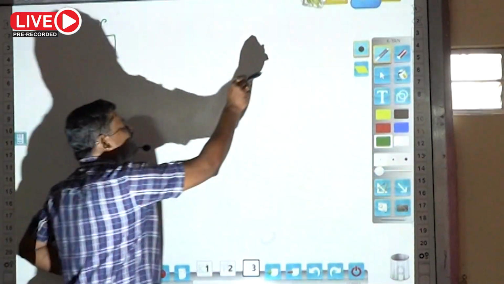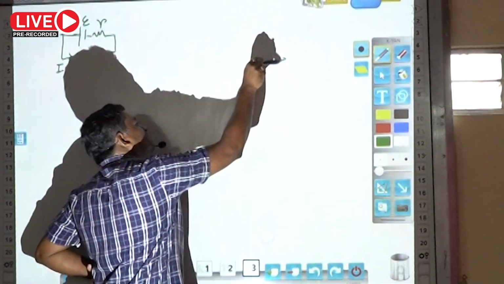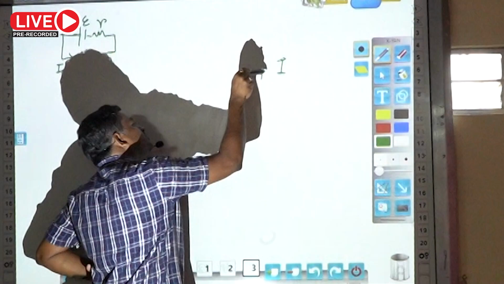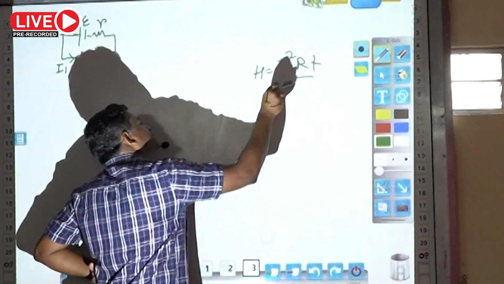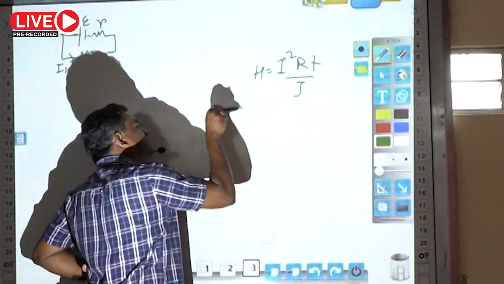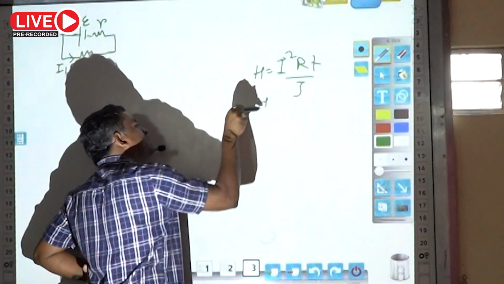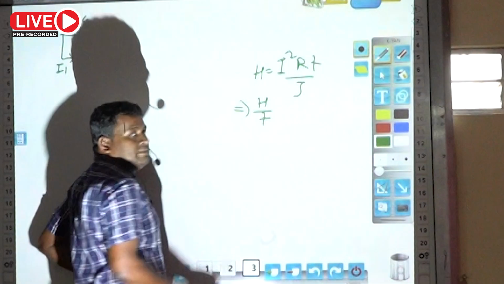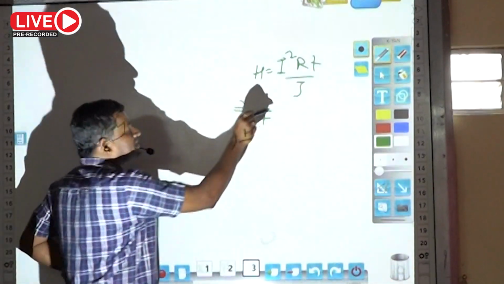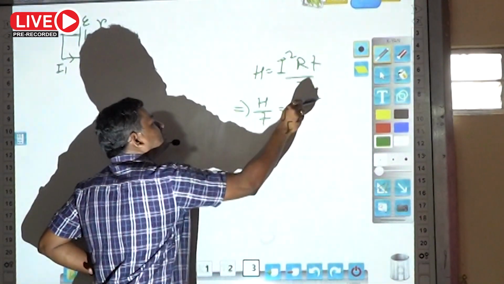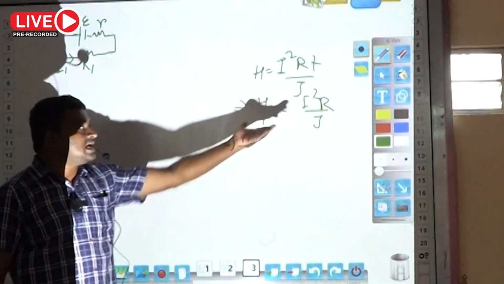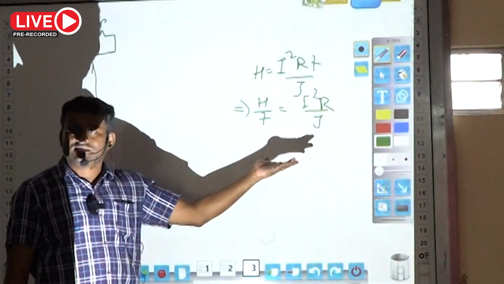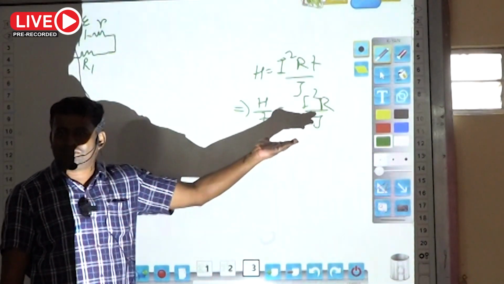Rate of heat developed same means actually power is same, because from this equation that I have written, H equal to I square RT by J. So rate of heat developed means H by T, that is I square R by J. H by T same means I square R by J is same. J is a constant for both of them.